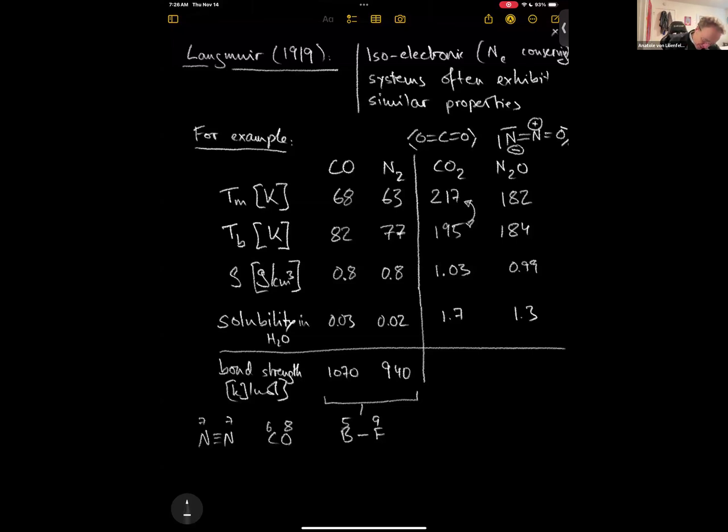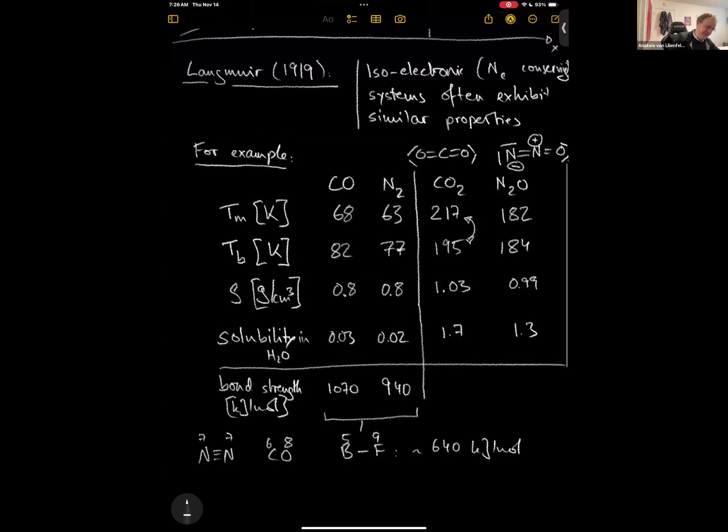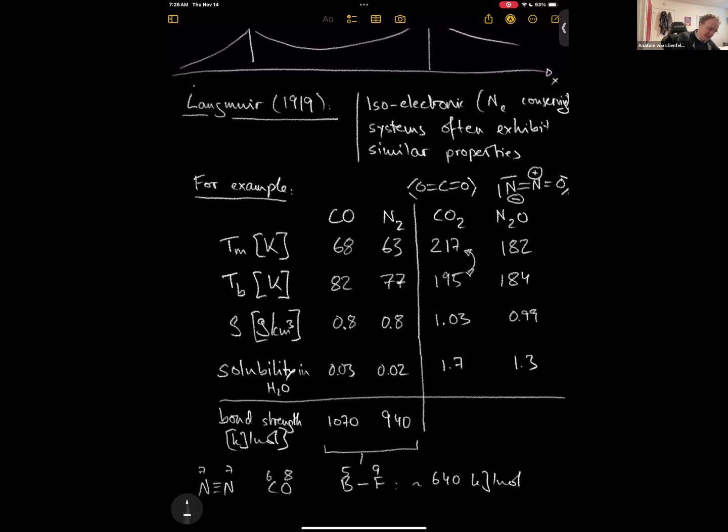In BF, the bond strength is only 640 kilojoules per mole. So that's quite a deviation, right? And it tells you that this rule of Langmuir is just an approximate rule, right? So let's maybe call this a rule which is approximate.